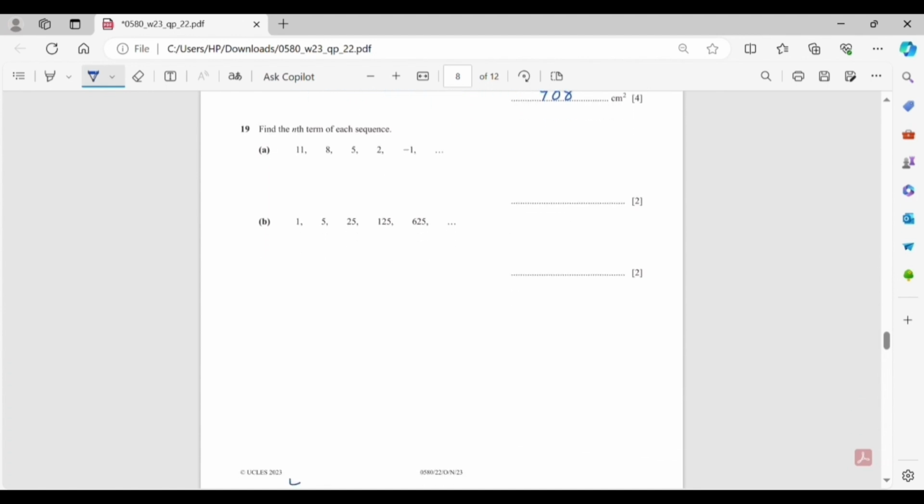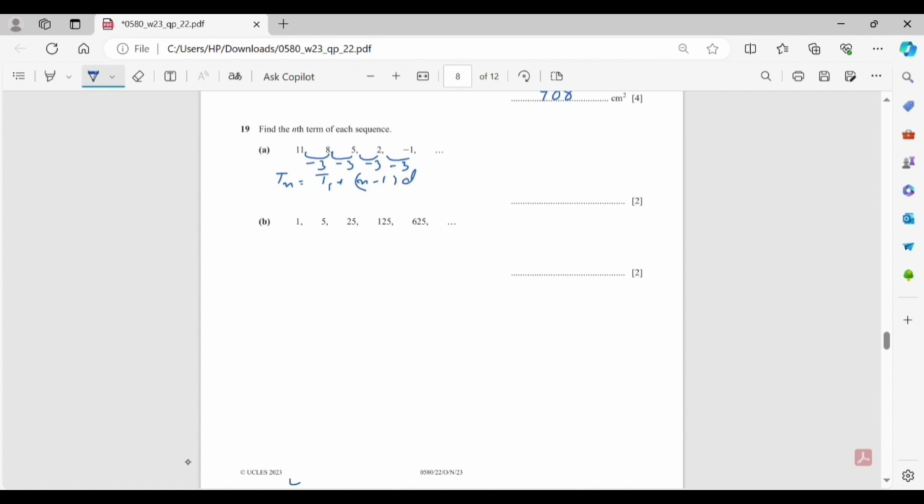Find the nth term of each sequence. Let me first calculate the difference between them. There is minus 3, minus 3. So this is an arithmetic sequence. In an arithmetic sequence, Tn equals T1 plus n minus 1 into d.